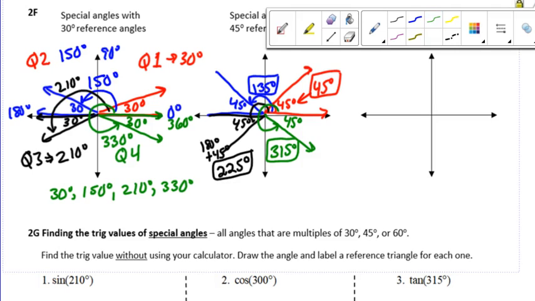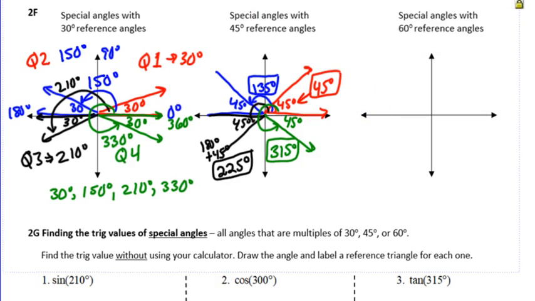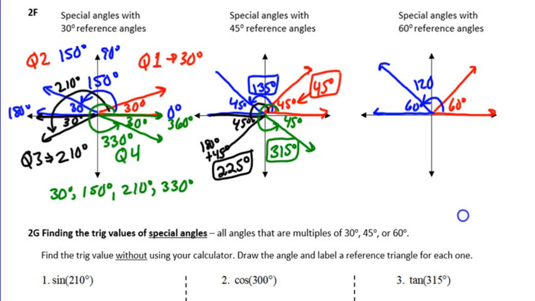Then when we get to 60 degrees, we've already done these, but just to have them all in one place, we have our 60-degree angle in quadrant 1. If we draw a 60-degree reference angle in quadrant 2, then that corresponds to a 120-degree angle in quadrant 2.